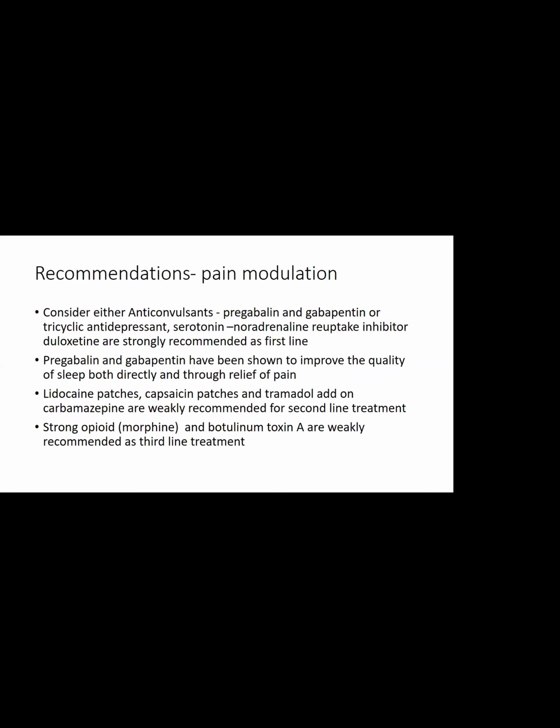So when a patient comes with diabetic neuropathy, the first line of treatment is pregabalin, anticonvulsants, or tricyclic antidepressants. Pregabalin and gabapentin have been shown to improve the quality of sleep, both directly and through relief of pain.